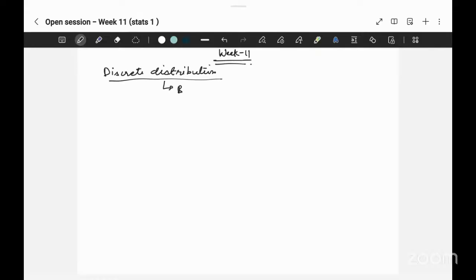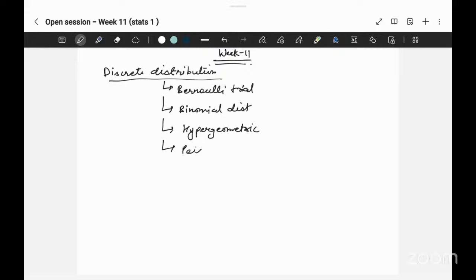The first is the Bernoulli trial, the second is the binomial distribution, the third is hypergeometric, and the fourth is the Poisson. These four distributions we are going to learn in week 11.